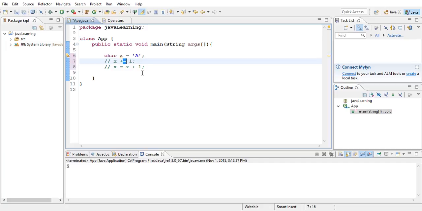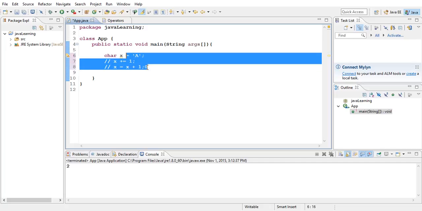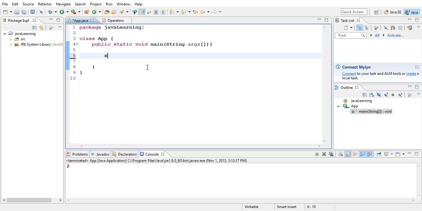So let's move back to this statement, that is x equals x plus 1, and suppose we have int x equals 1. This type of increment is also very common in programming, so we have another shorthand for it, that is plus plus x or x plus plus.